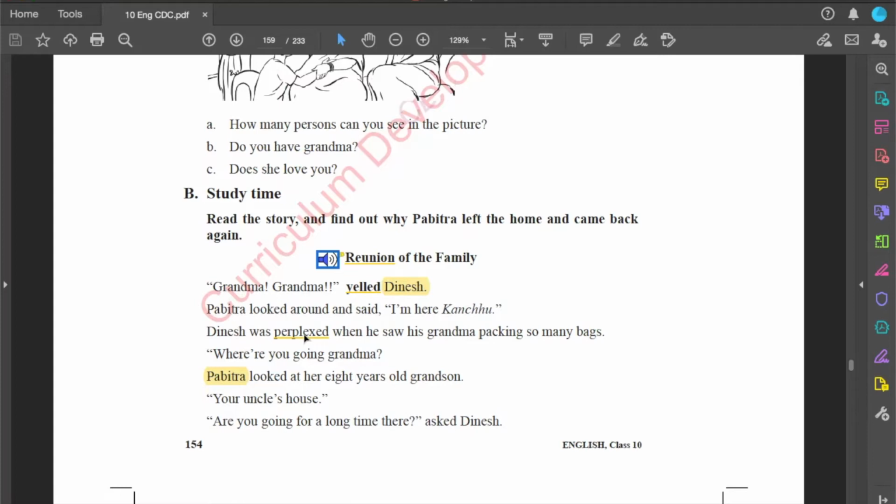Dinesh was perplexed. Perplexed means confused. When he saw the scene there, it was out of his expectation, so he was perplexed and surprised.